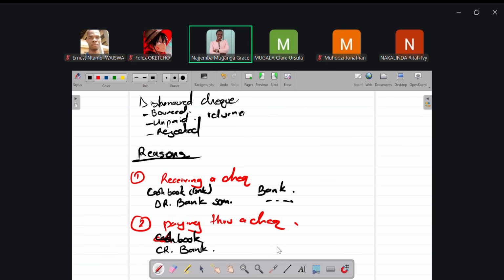We credit the bank because it's a payment. But then later on, when you present the check, it unfortunately bounces. It's not posted. So for dishonored checks, they appear in the cash book, but nowhere in the bank, hence causing the differences in the balances.